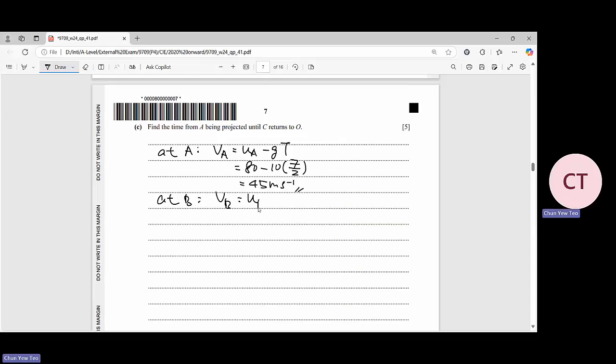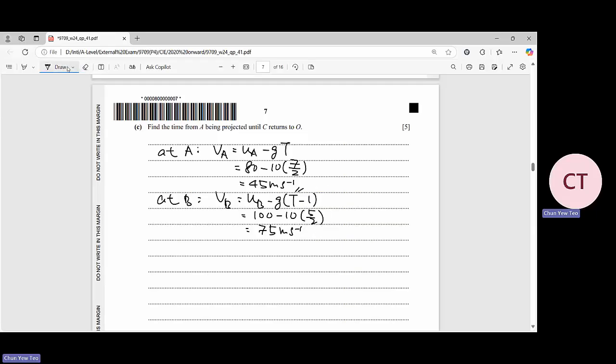It will be UB minus g times t minus 1. T minus 1, not t, because B is projected 1 second later than A. So this one is a bit tricky. So it's 100 minus 10 times 2.5. 2.5 is 5 over 2. If you press the calculator, you get 75 meters per second. So you can see both VA and VB have positive values.